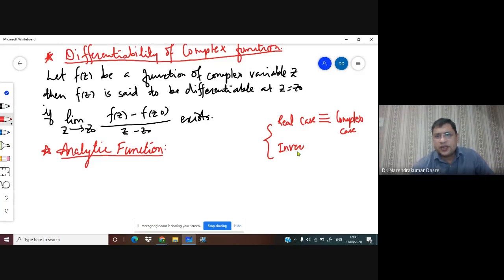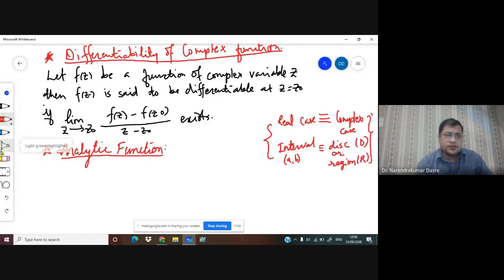Here we have the interval in real case, and here we have disk D or region R. So in real case we always check with the interval A to B. In the complex case we have to check with the disk D or the region R.